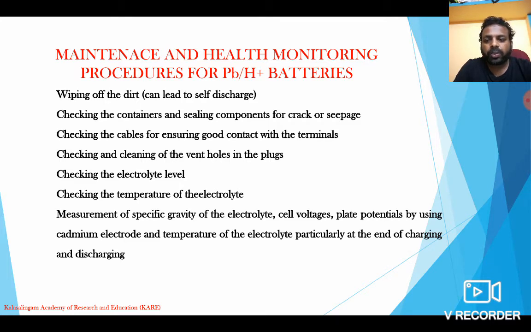And you have to keep on checking the specific gravity of the electrolyte for better operation of the battery.